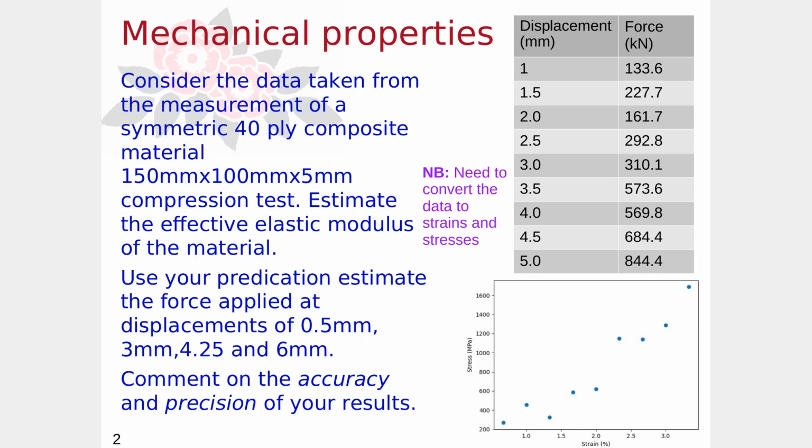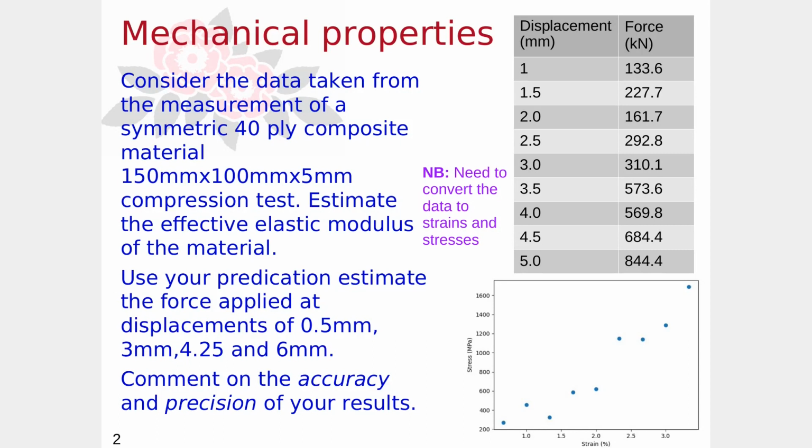A compressive test was conducted, and we need to estimate the effective elastic modulus of the material. Note the elastic modulus is defined as the stress over the strain, so we will need to convert these data into stress and strain accordingly.